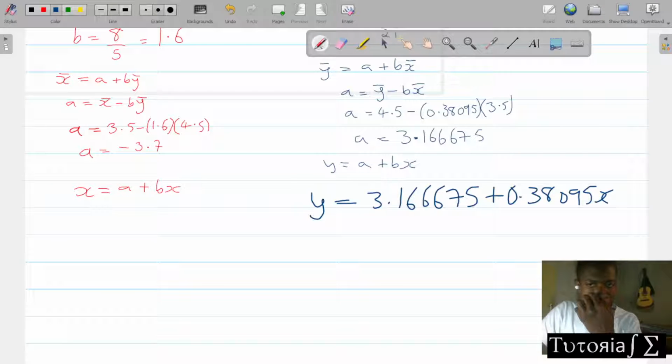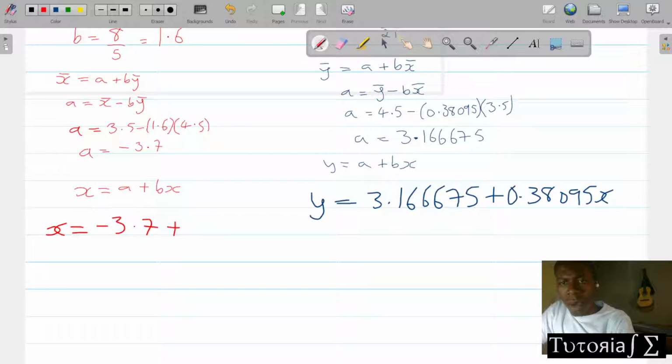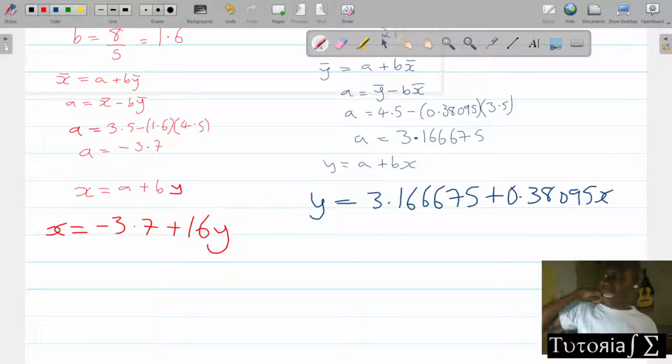So this is for y depends on x. Here our x equation will be equal to our a, which is negative 3.7, plus b, which is 1.6 y. Sorry, this should be y here, and this should be y. All right, so basically this is it.